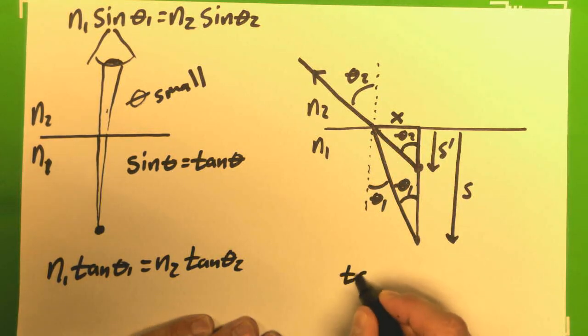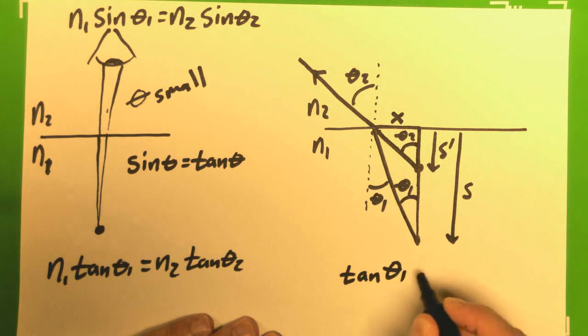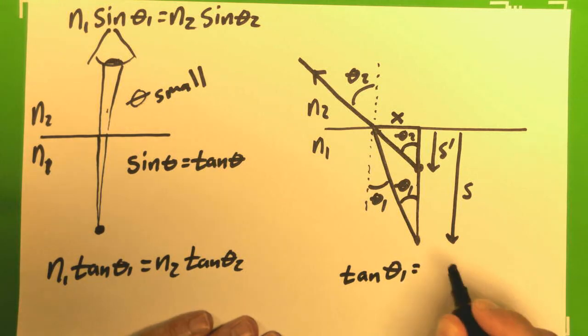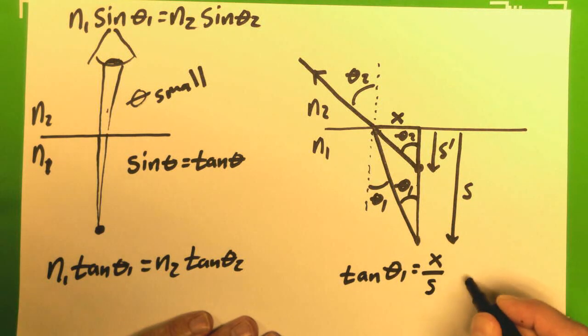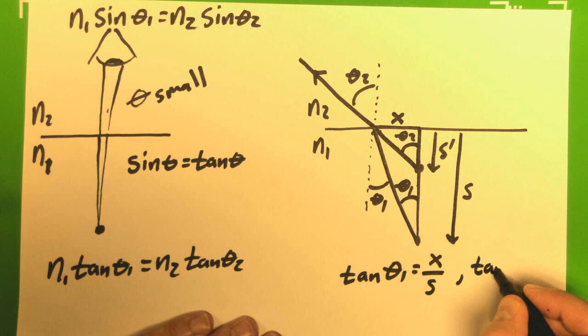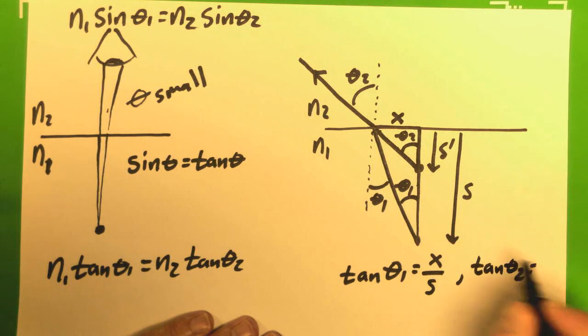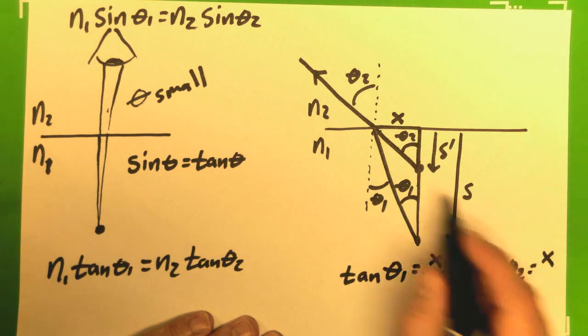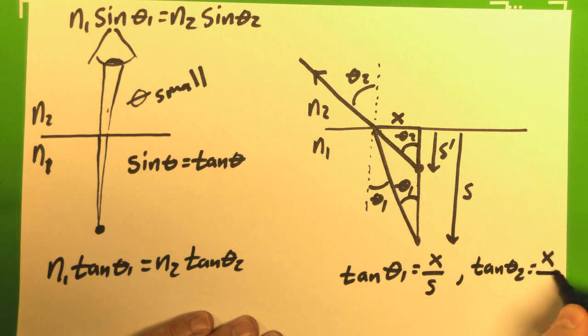So tangent of theta 1 is equal to the opposite, x, over adjacent, which is s. And I can also say tangent of theta 2 is opposite x over adjacent s prime.